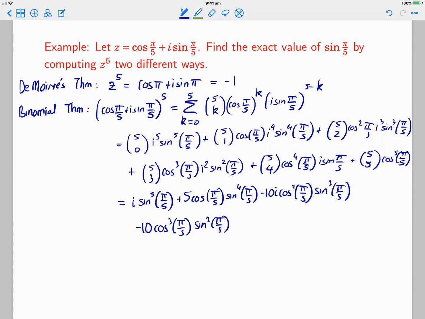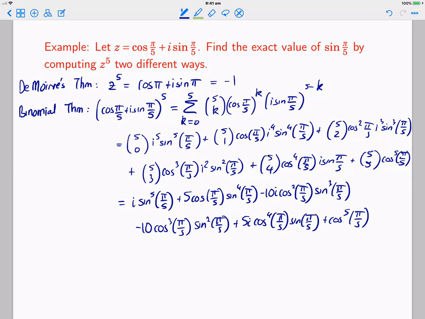So two more terms left: plus 5i cos to the 4 pi on 5 sine pi on 5, and finally cos to the 5 pi on 5.